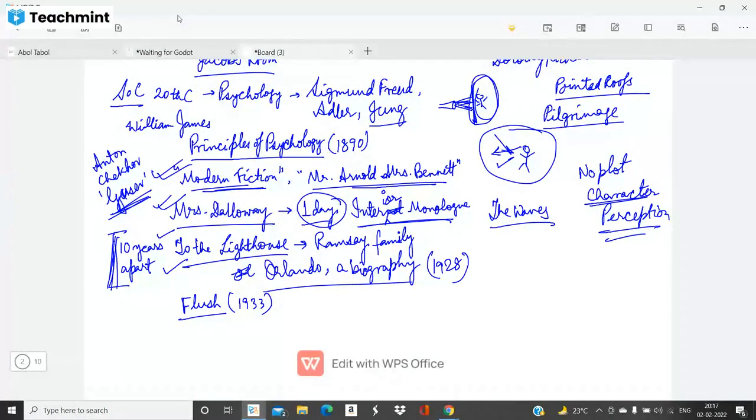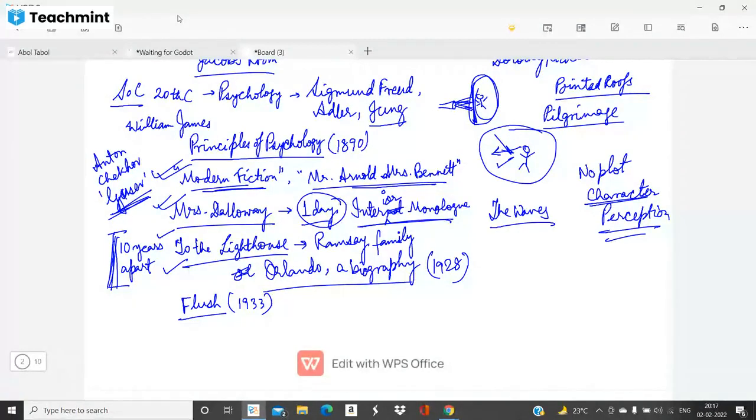I'm not going into her non-fictions, although I could have gone into A Room of One's Own, but I am not going into that because it is more of a feminist manifesto written by Woolf. Also, The Three Guineas, which is a sequel to this A Room of One's Own.